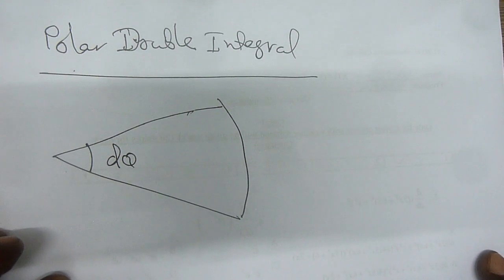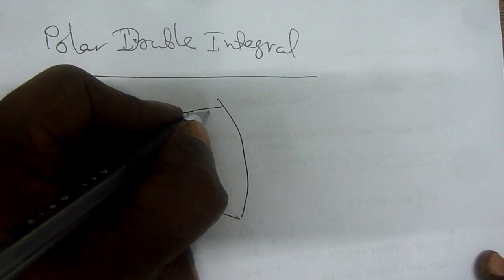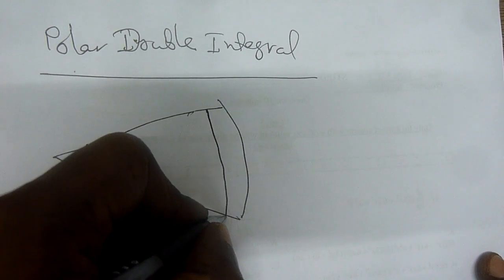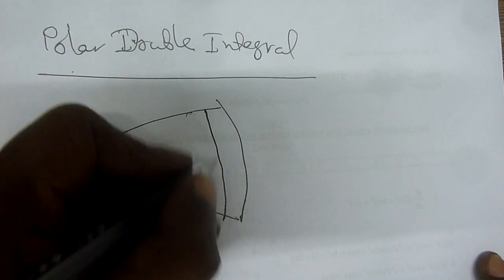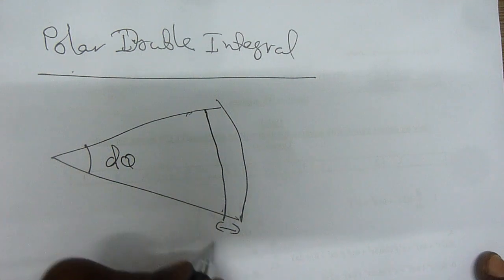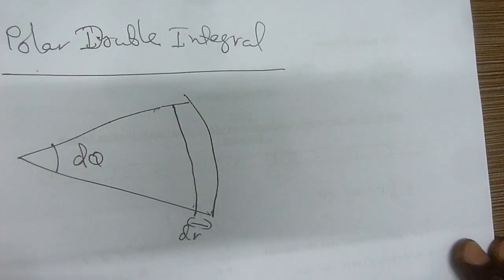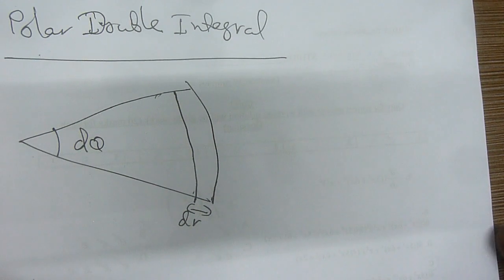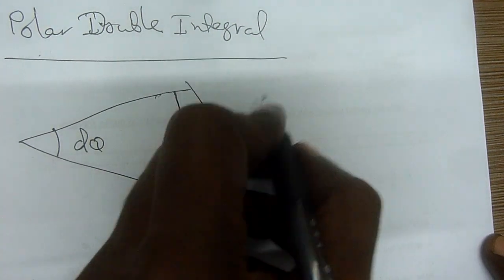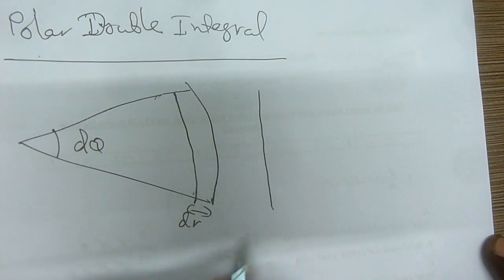I'm taking a very tiny cut, like a slice of cake. One small cut, where the smallest width here is a dr. Chop it and put it down, and see what you will get.